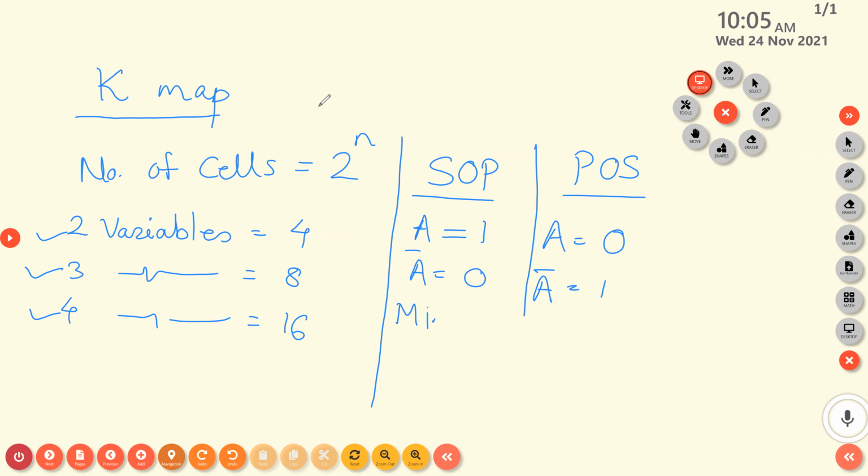Min term. Whereas under POS, max term. Then the symbol for SOP is denoted by small m or summation sigma. POS, capital M or pi.